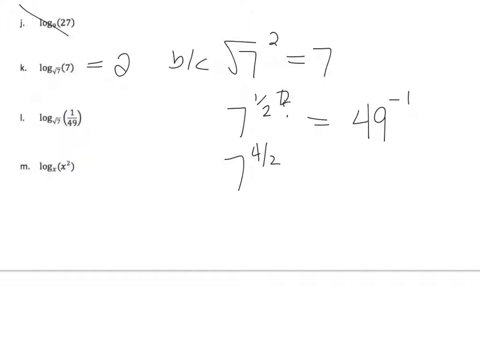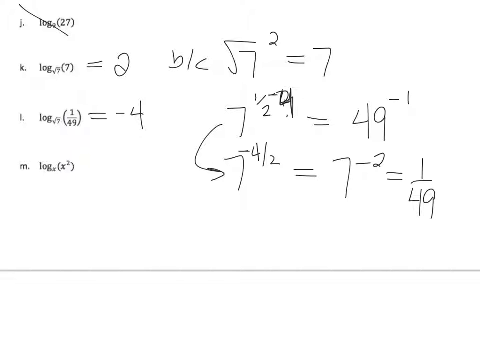So right now I multiplied it by 4, but I also need it to go negative to get to the denominator. So I need to multiply it by -4. I think that'll work, because 7 to the 1/2 raised to the -4 power gives me 7 to the -4/2, which is 7 to the -2, which is 1/49. That works. Awesome. That was a little tricky, wasn't it?